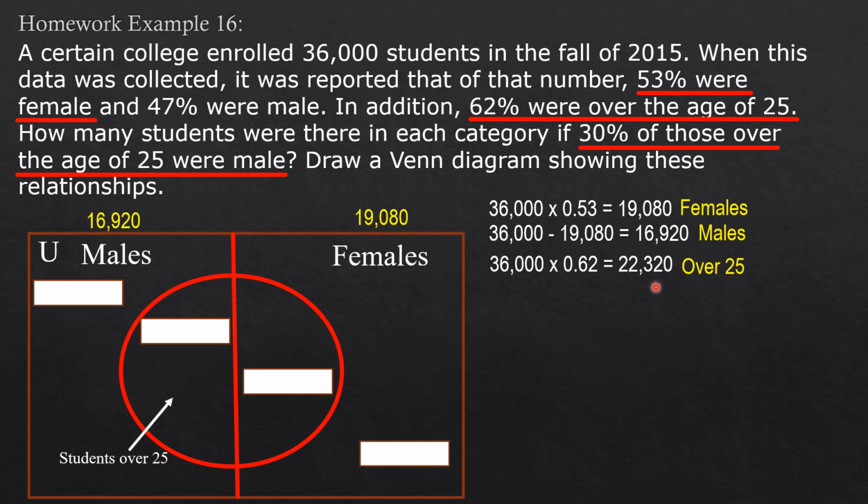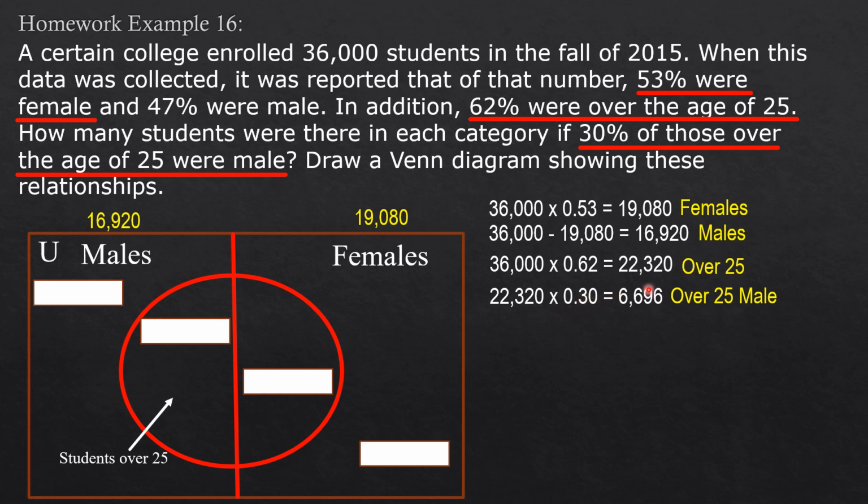Now I need to do another calculation of 30% of this. So I'm going to come down here and say 22,320 times 30%. That gives me this number right here, 6,696. That's over 25, and they are male. I'll give you a second to write that down.